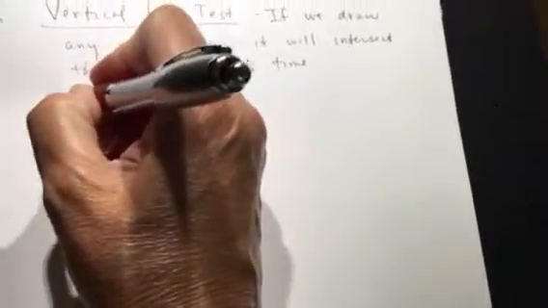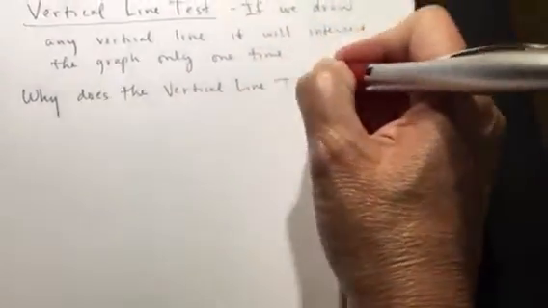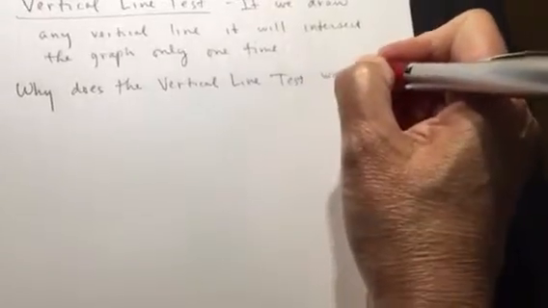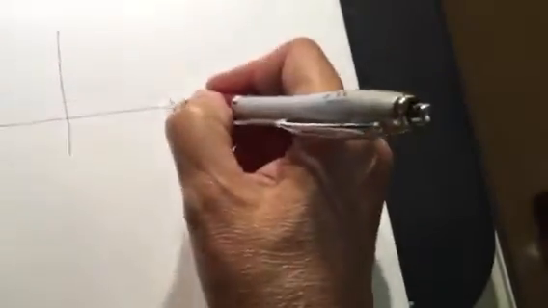And why does this work? Why does the vertical line test work? So here's my little picture I have up above.